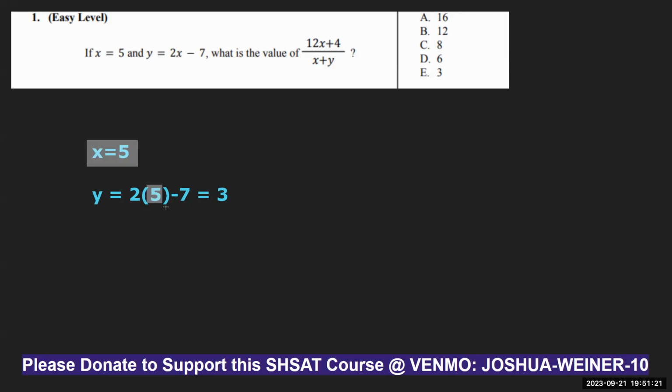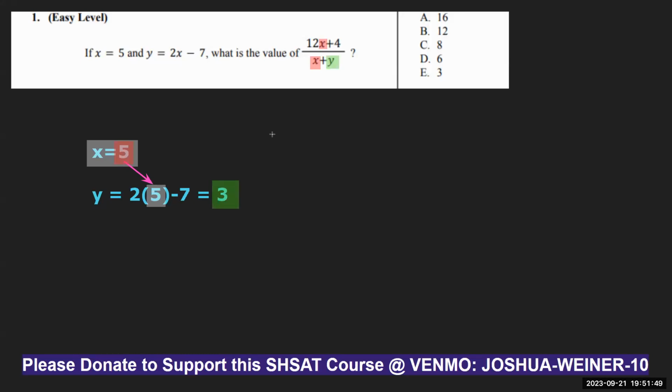Because it's 2 times 5, which is 10, minus 7. All right, so then what we're going to do is take our values for x and y and plug them into the equation above. So wherever there's an x here, I'll highlight that with a red pen, and we'll place the number 5. And then wherever there's a variable y, that's a placeholder for the value 3.